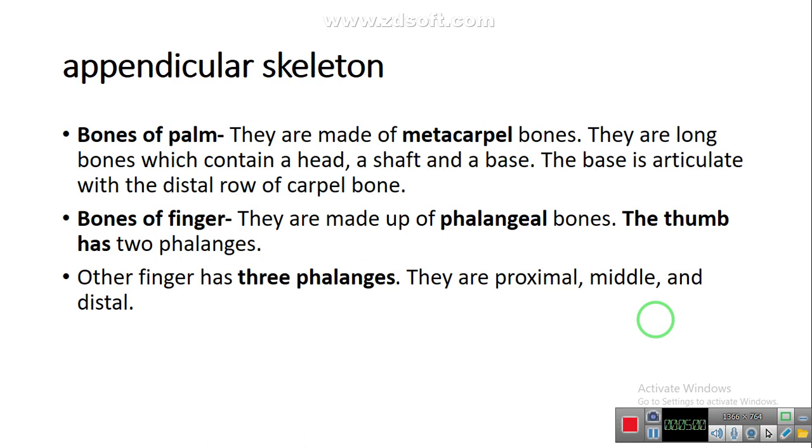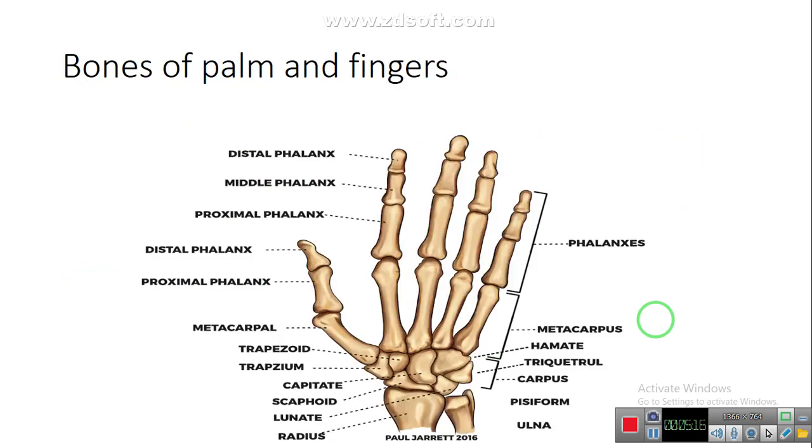Then the bones of the fingers. The bones of the fingers are made up of the phalangeal bones. The thumb has 2 phalanges and the other fingers have 3 phalanges: the proximal phalanges, the middle phalanges and the distal phalanges. Here you can see the fingers with the 3 phalanges: distal phalanx, middle phalanx and proximal phalanx. This is the thumb, which has a distal phalanx and a proximal phalanx.